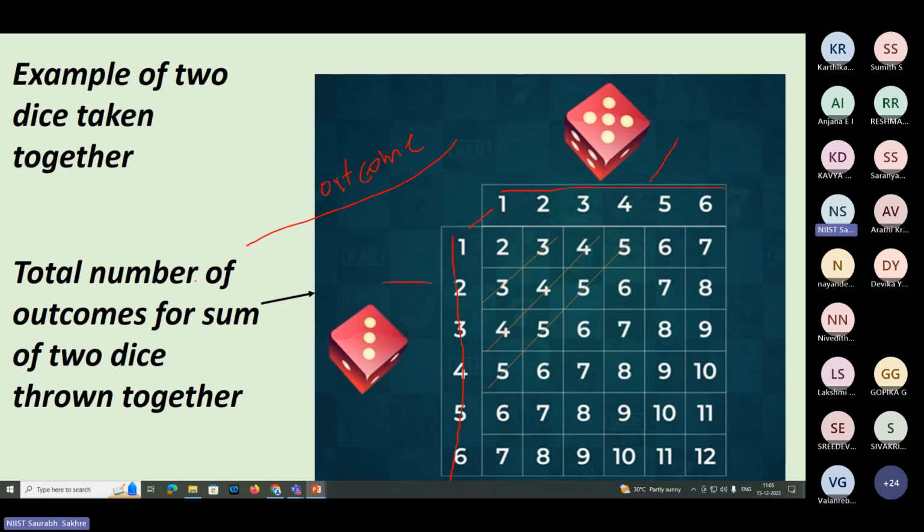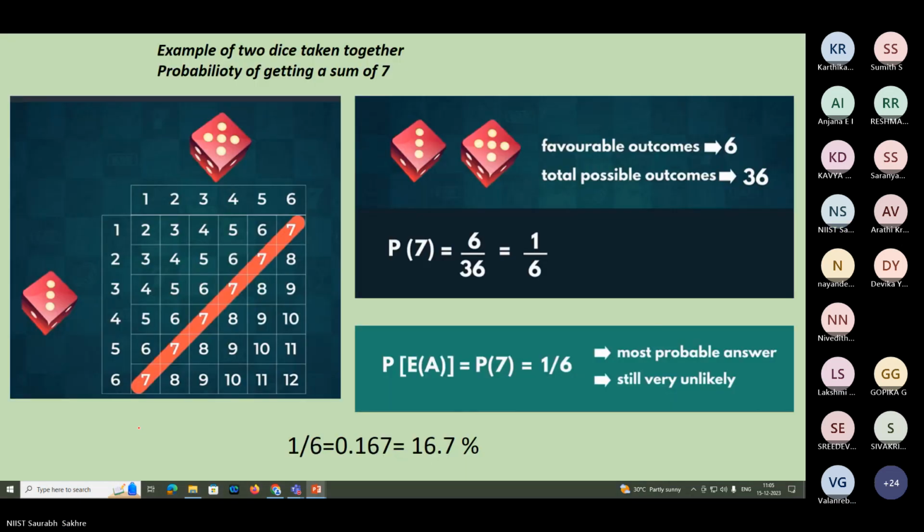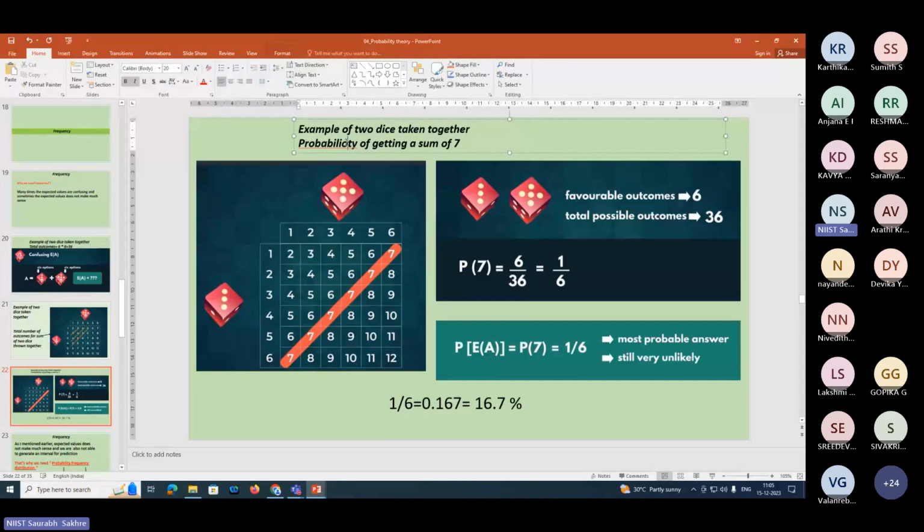Okay, so here we will try to see through some angle how we will be obtaining the sum. So the total number of outcomes for the sum of two dice thrown together. Suppose I want to see an example of two dice taken together, with the probability of getting a sum of 7.